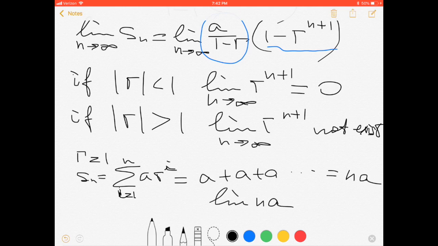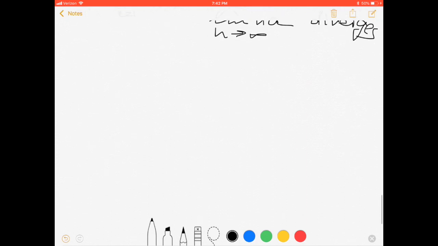The limit of n times a as n approaches infinity does not exist, so the series diverges. This means we have proved our theorem.